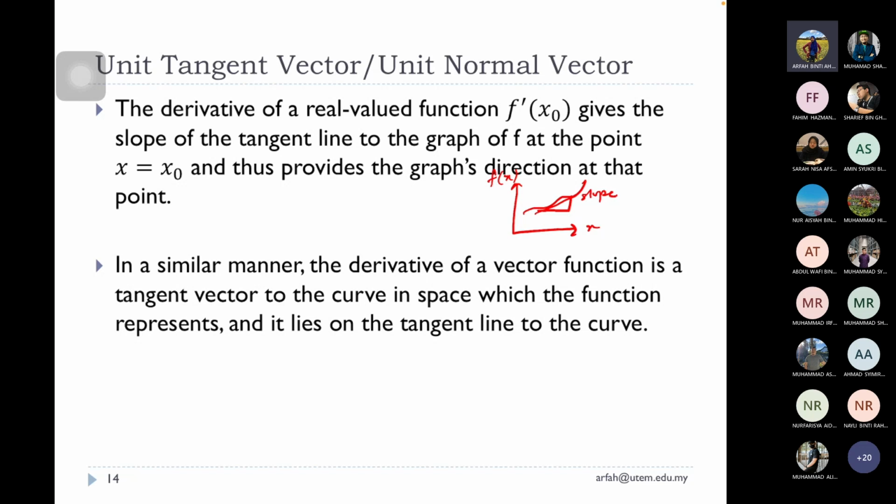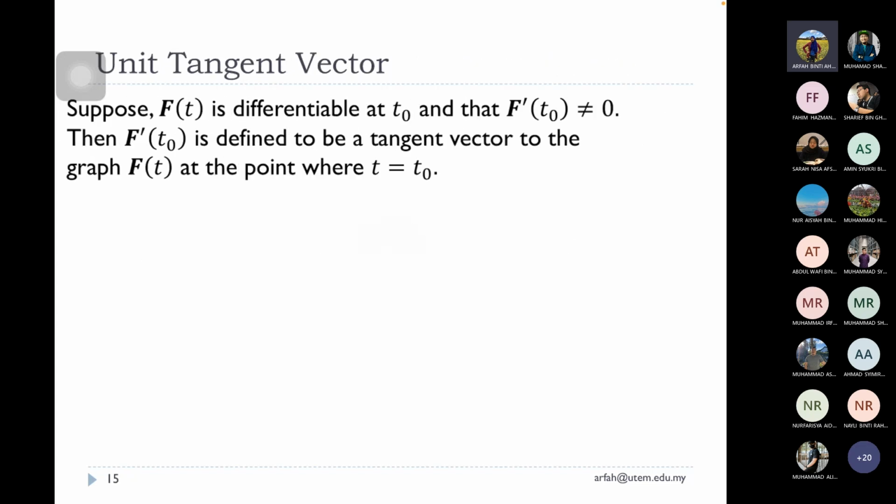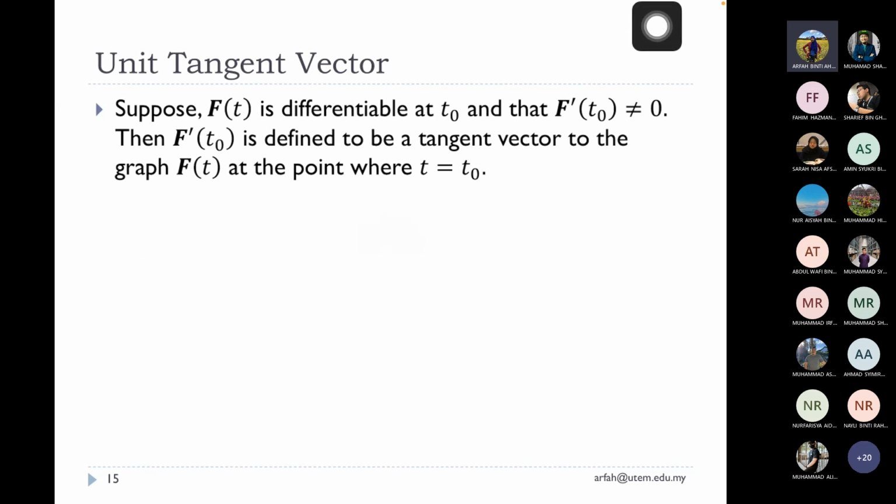Okay, so from here, derivative tu sebenarnya adalah dia punya slope with respect to the tangent. From here, we can develop the unit tangent for the vector function. So let's say you have vector f of t that is differentiable at t naught and that f prime t naught does not equal 0, meaning that the derivative exists.